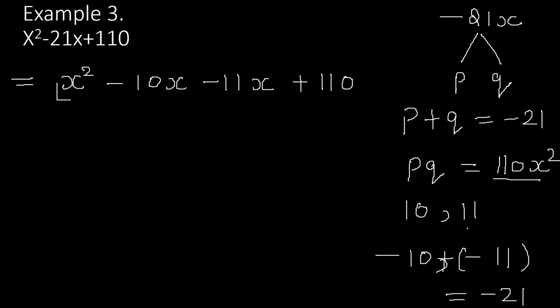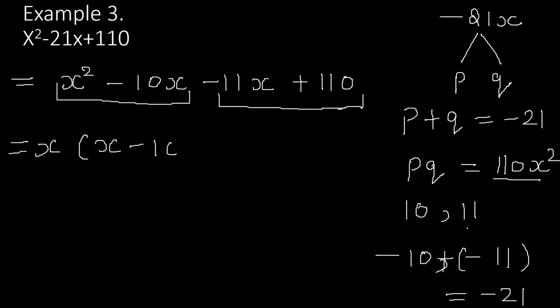Again the method is the same. Make two groups. Take care of negative signs. Now take x common: x minus 10. Take minus 11 common. It will be x minus 10. Here I took minus 11 as common, so here I need to keep a negative sign, because when I open it, it becomes positive.